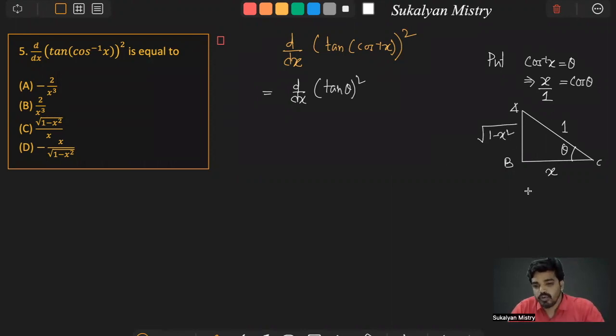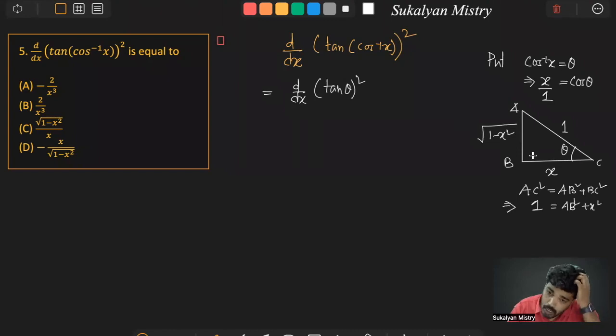We know that AC square is equal to AB square plus BC square, that is hypotenuse square equals perpendicular square plus base square. So AC is 1, BC is x, so AB will be root over of 1 minus x square. So what is tan theta?